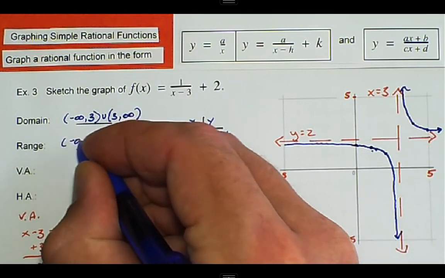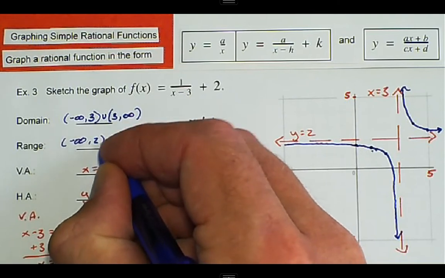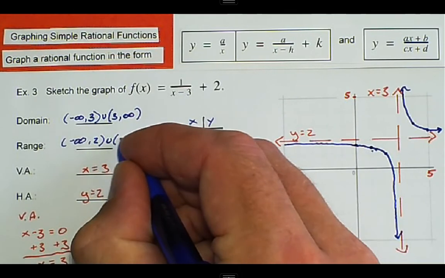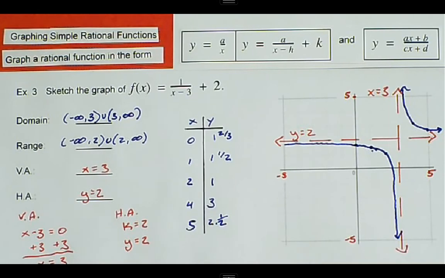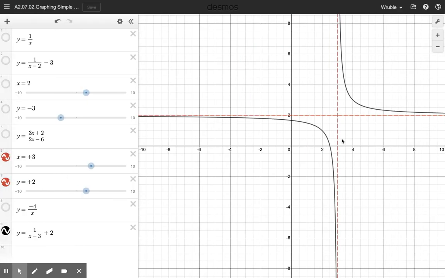So negative infinity to 2, union 2 to positive infinity. And then we can look at our graph and we see that we have the asymptote at x equals 3 and y equals 2, and we have our hyperbola graph.